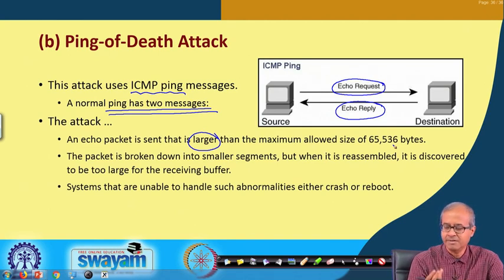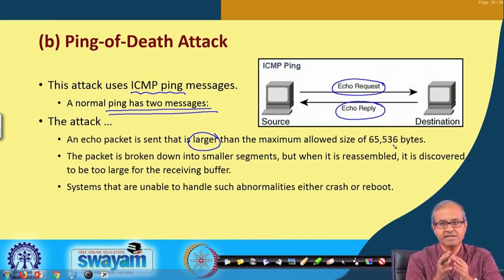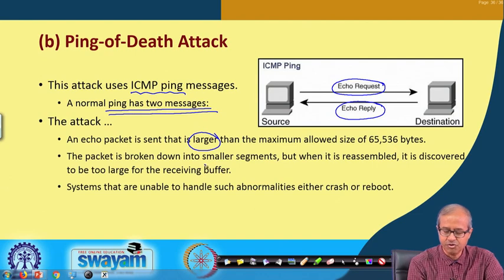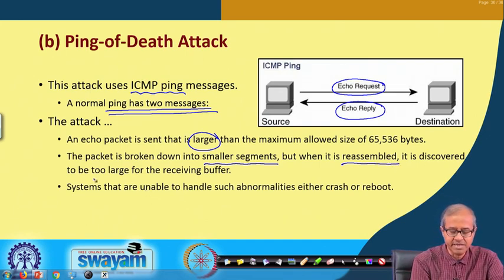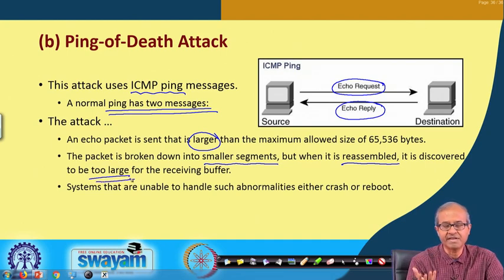Because it is larger, there will be fragmentation, and multiple IP fragments will be created and sent. But at the other side, when they are reassembled, it will be discovered that the total packet size is greater than 64 kilobytes and it cannot be delivered to the ICMP destination, because it can only receive packets up to a maximum of 64K.